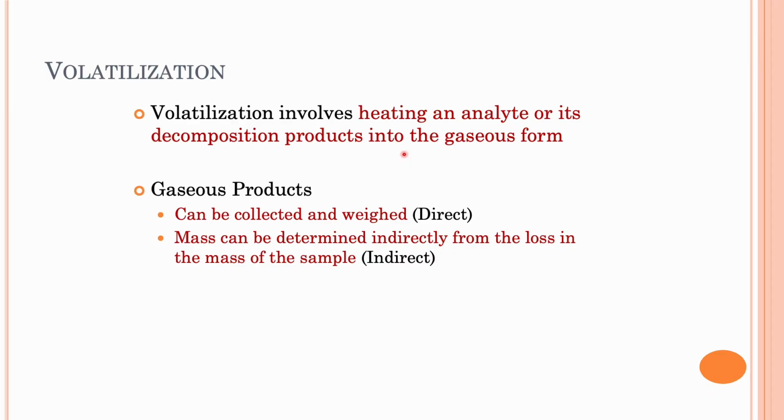The gas coming off, whether it's water vapor or carbon dioxide gas, is a more common example of direct methods. You would collect the gas and weigh it, or it can be done indirectly. The mass can be determined indirectly from the loss in the mass of the sample. The loss of your water vapor can be determined by taking your initial mass and subtracting your final mass, and that change in mass equates to your water vapor.